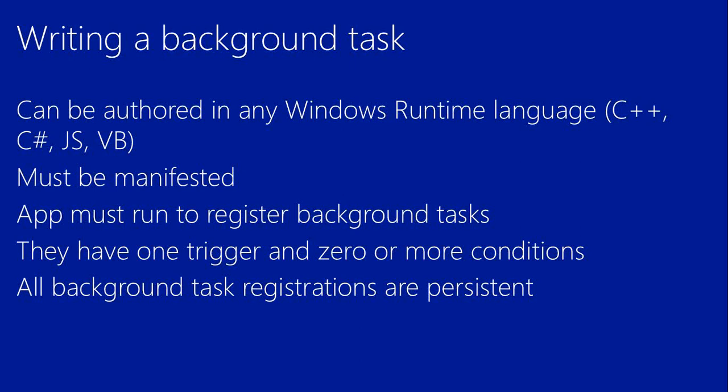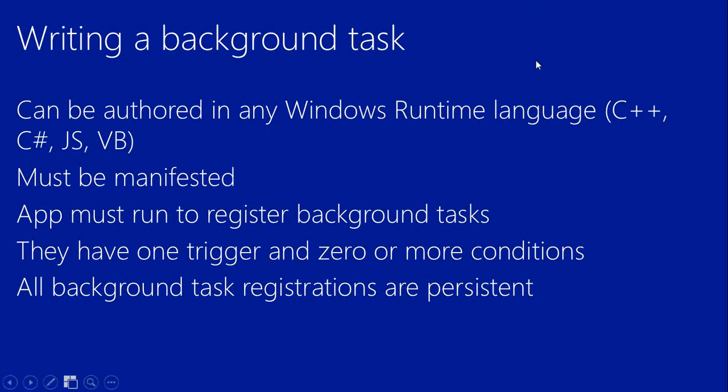Even if the application is not launched or is suspended, the background task will execute. There's another side to it: if next time your application is launched and you are trying to register the background task again, it's a good idea to check if it was previously registered. If it is previously registered with the background task infrastructure, you can delete it and then re-register it.